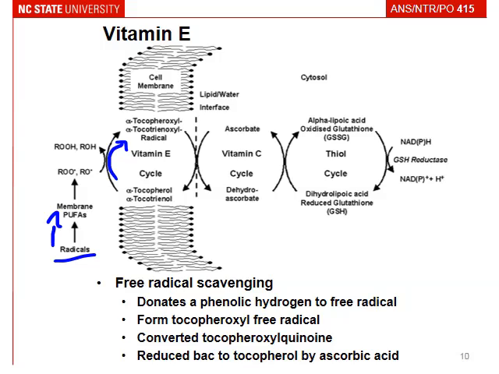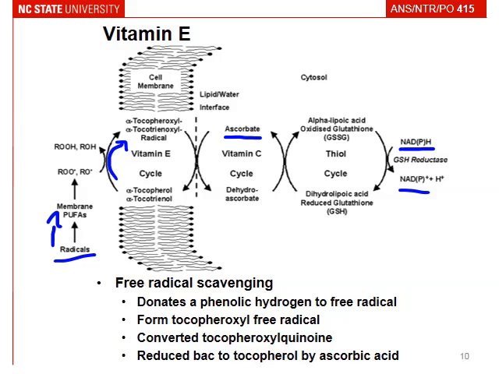Here we can see our vitamin E takes on the free radical, and it passes it on to vitamin C. Our vitamin C is ascorbate, and it becomes dehydroascorbate, and then it goes into our thiol cycle, and we consume an NADPH and form an NADP, and that's how we are protecting our cells from these free radicals.